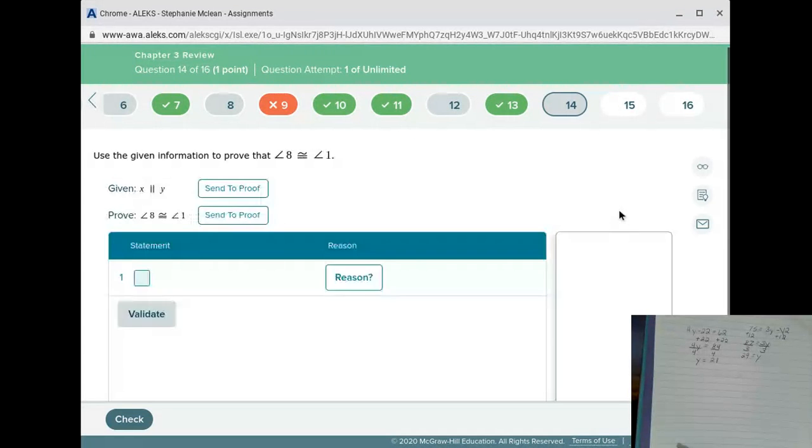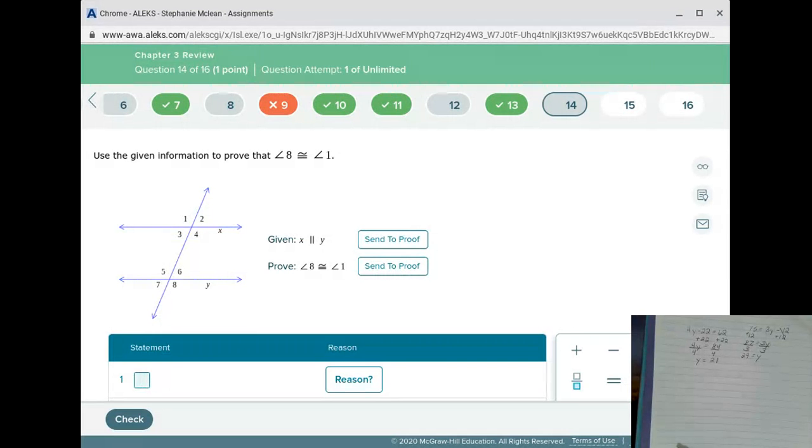Moving on. Now we're going to start getting into proofs. We definitely need to have an understanding of what alternate interior angles, alternate exterior angles, corresponding angles, and congruent angles mean.